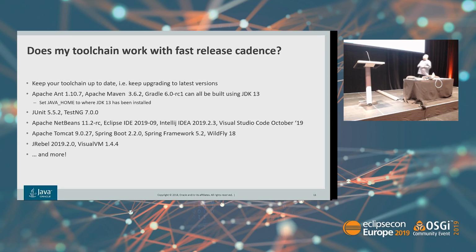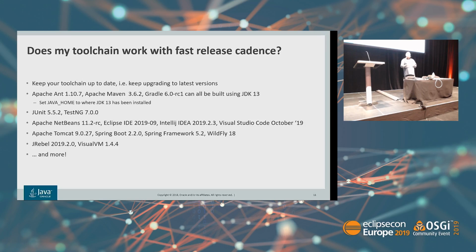Similarly, test frameworks or IDEs such as Eclipse IDE, or other IDEs using components from Eclipse IDE like Visual Studio Code, also work and support features from JDK 13 by its release. Popular frameworks such as Tomcat, or more enterprisey stuff such as Spring or WildFly, also tend to announce support for JDK releases pretty much within weeks of its release.